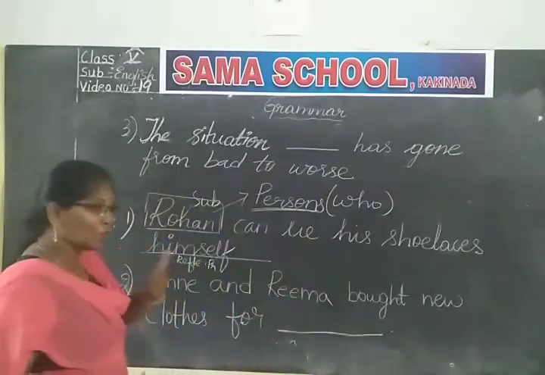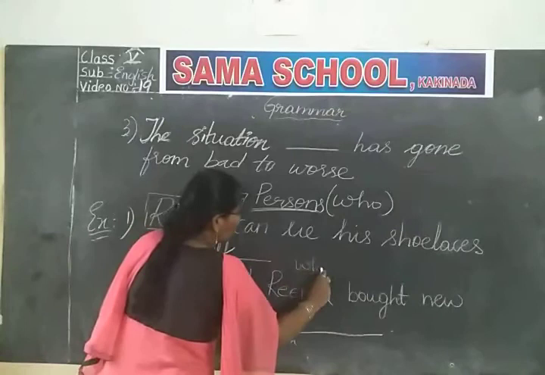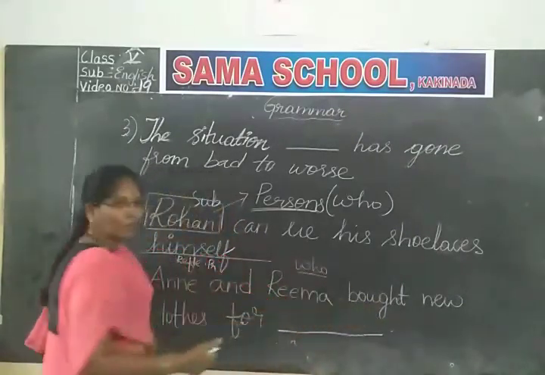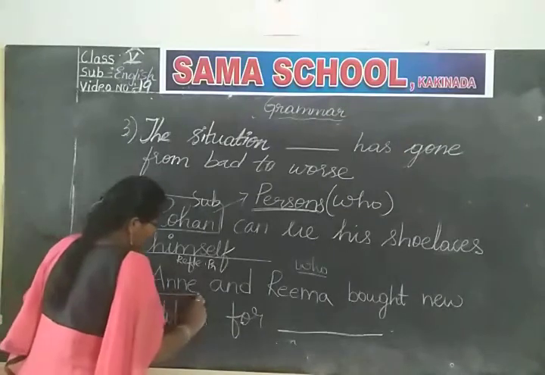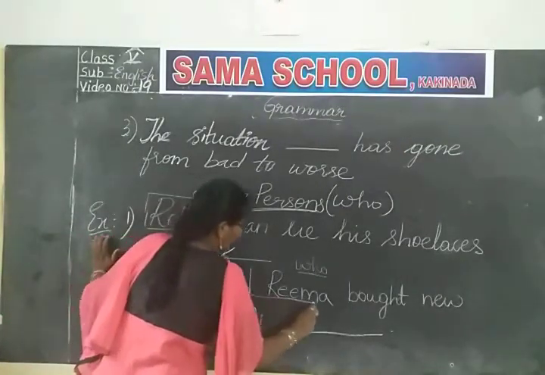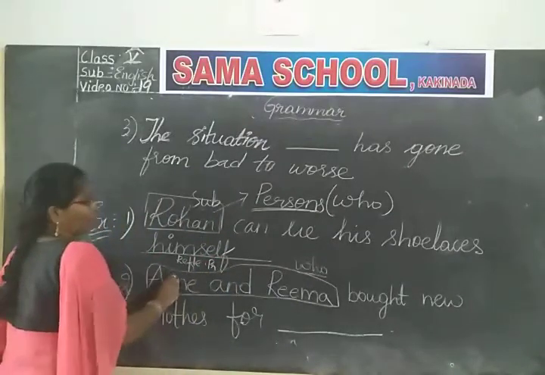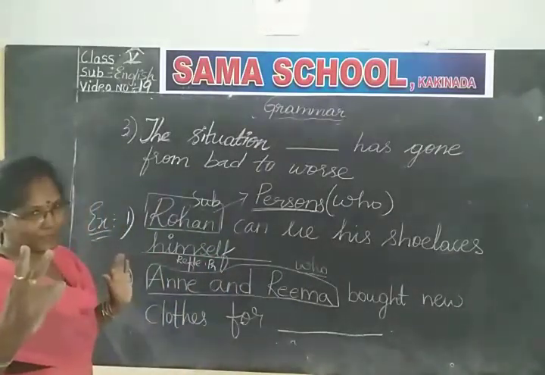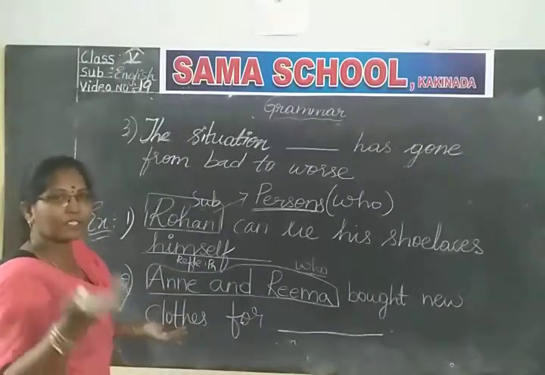Here we got two. Who bought? What is the question we used? Who bought new clothes? Then here we got the answer, Annie and Rima. Here we are talking about two persons. It can be male or female, both girls or both boys.